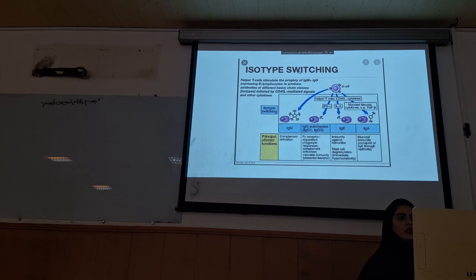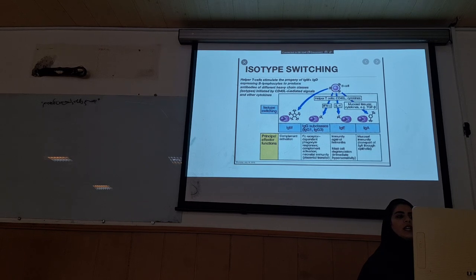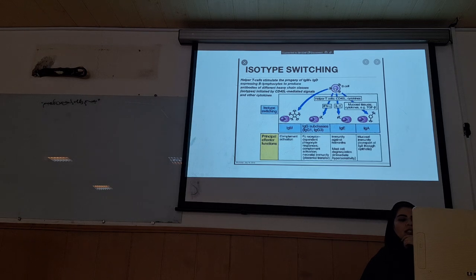This is isotype switching. The T helper cells stimulate switching of IgM positive, IgD positive B lymphocytes to antibody of different heavy chain classes, initiated by CD40 ligand mediated signals. This is a B cell, for example. This is the function of B cells. Here we have some activation by helper cells.